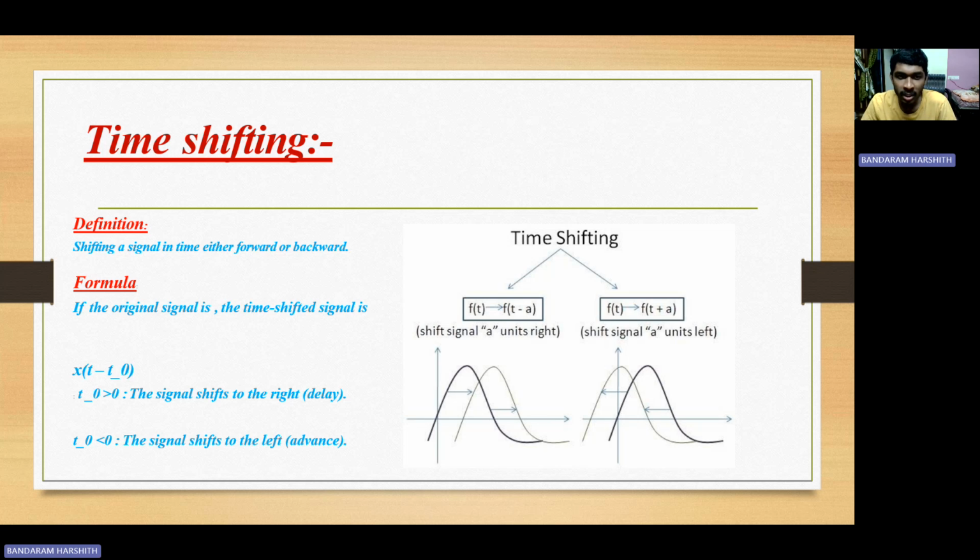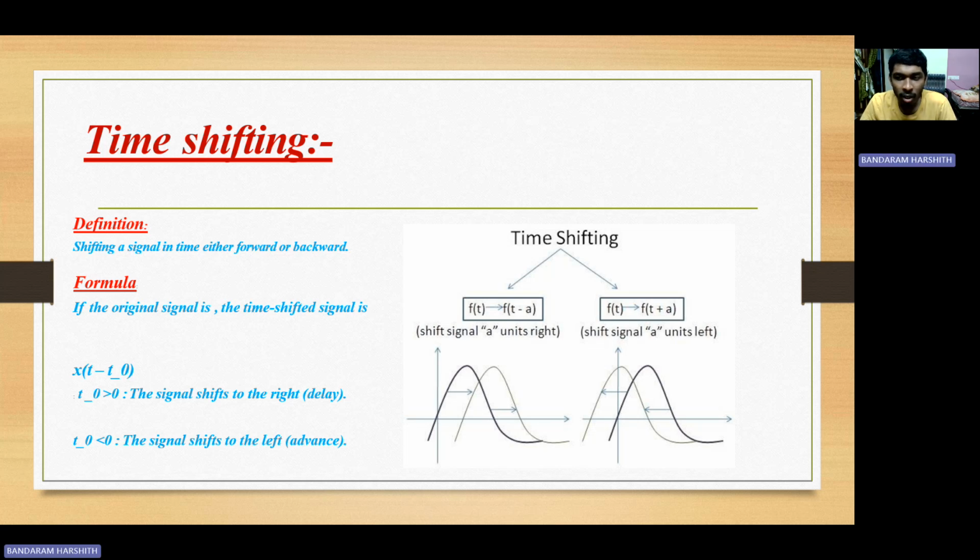Here's our first operation, that is time shifting. So what is time shifting? Let's discuss the definition. Time shifting means shifting a signal in time either forward or backward. Here, forward or backward means making the signal advance or delay. Delay also means lagging.